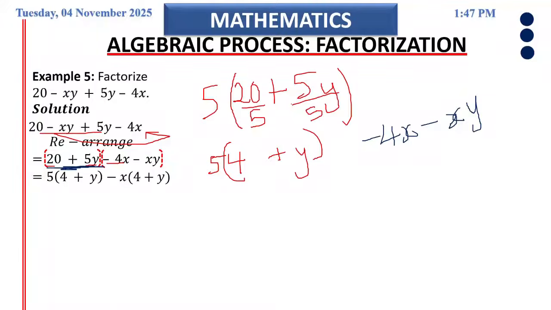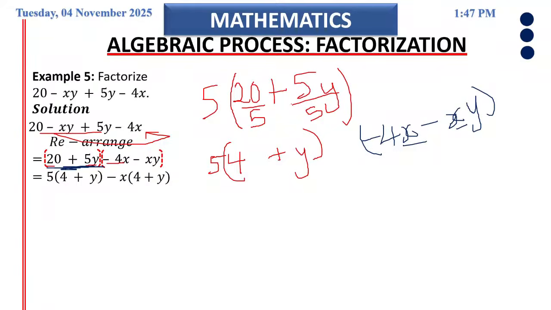In that case, what do you do? You factorize the common factor. If you look at it very well, x is common, but it's also advisable, whenever you have a binomial, to take out a negative as the first value outside.